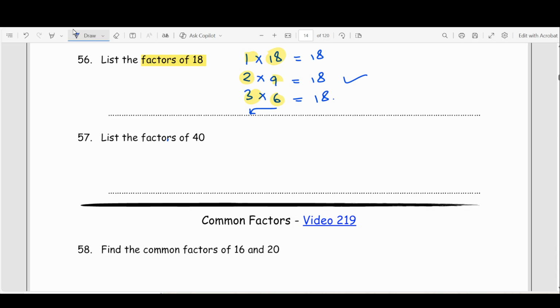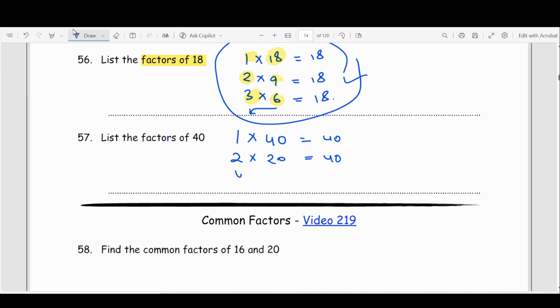So for 40, can you write the same thing? First statement would be 1 times 40. Okay, 1 times 40 is 40. Then you check in 2 times what? 20. Does 4 appear? 4 times 10. Exactly.